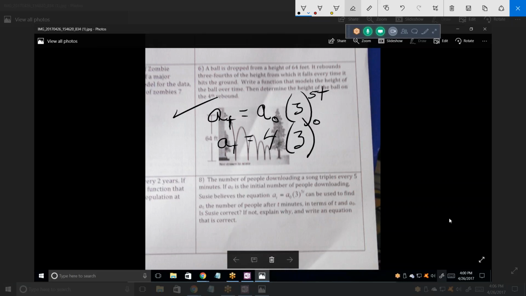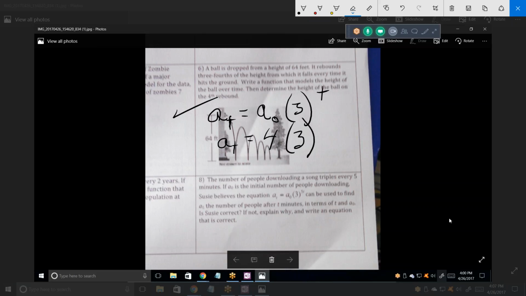Now how about when t is 1? We should get an answer of 12. When t is 1, we don't get an answer of 12. We get 3 to the 5th, times 4. Our answer appears to be off, and it's because of that extra 5.